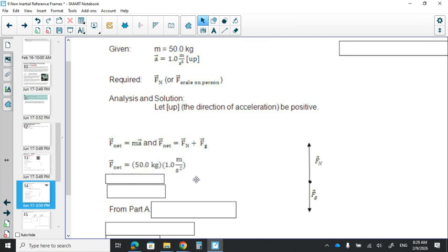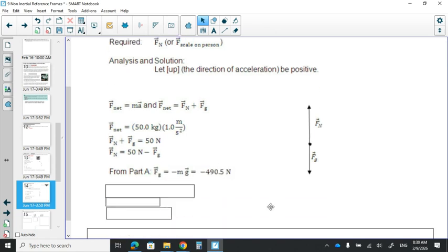Putting them together, F net equals ma is 50, so the 50 goes in as the net force. We have the normal force plus the gravity force equals 50, and when we solve for Fn, we subtract the gravity from each side. Notice we're subtracting a negative, so really we're adding that force on.